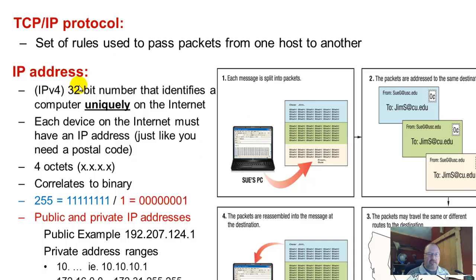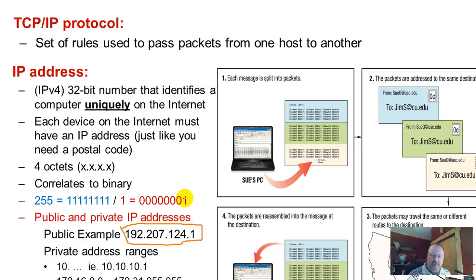So that IP address is composed of 4 numbers. Now, this is a good example here of a TCP/IP address: 192.207.124.1. It's 4 octets. Each one of those octets ranges from 0 to 255.